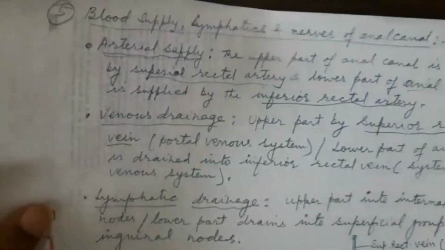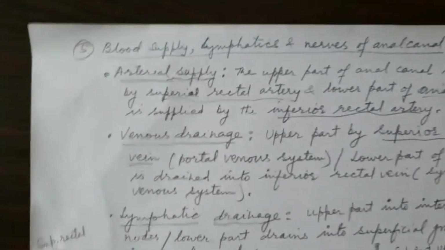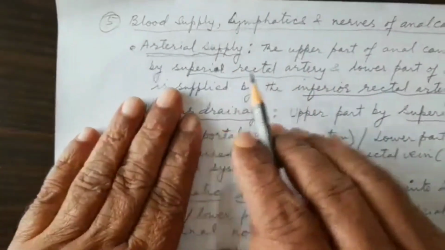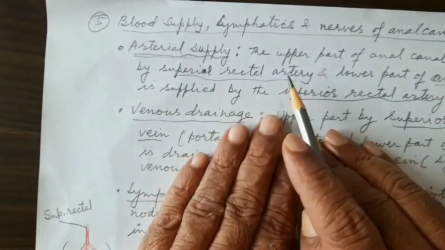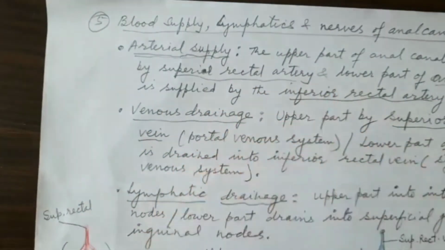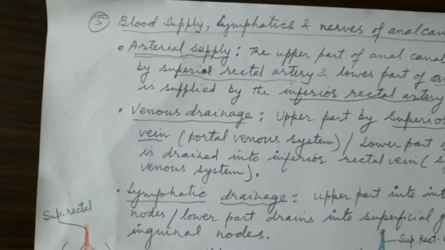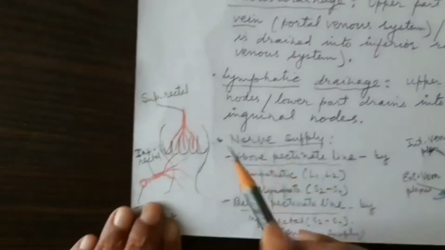Now let us come to the blood supply, lymphatics, and the nerves of the anal canal. They are different from the rectum. The anal canal is supplied by two important arteries. The upper part of the anal canal is supplied by the superior rectal artery.